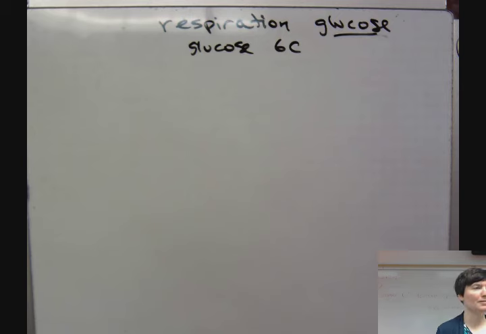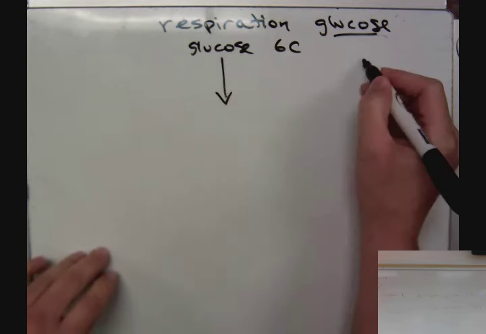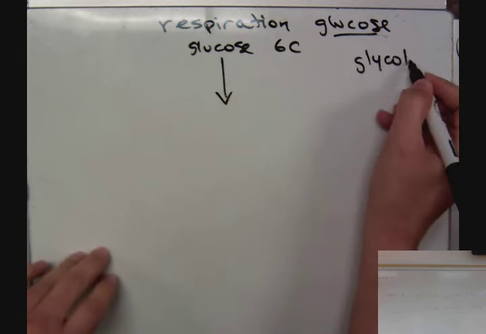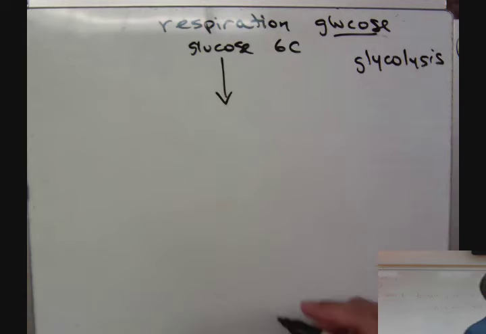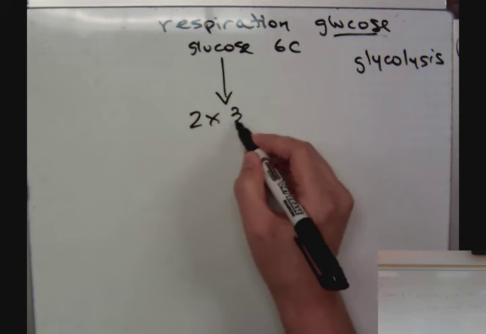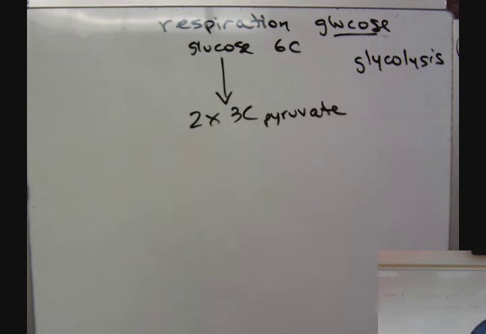If you want to metabolize glucose, what would be the first thing that you do? Break it down. What's that process called? Glycolysis. Okay. So what is the outcome of that? What do we produce? 2-pyruvate, which is a 3-carbon molecule. So we basically have chopped glucose in half.